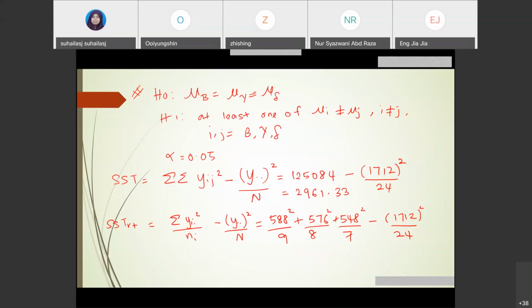Okay, 665.9. Sum of squares treatment is 665.90.